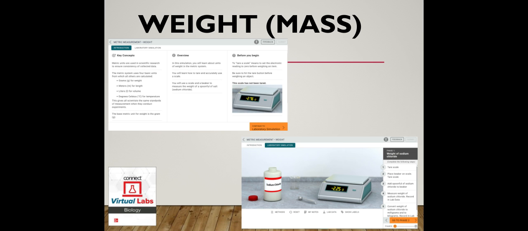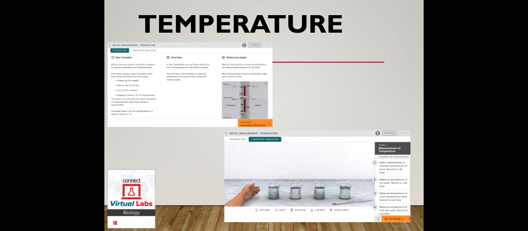There is weight. It's called weight, but you're looking at mass, where you're measuring out salt onto a balance or scale. And then there is temperature, where you're going to be using a thermometer to record the temperature of these different beakers of water that have been put into different conditions.